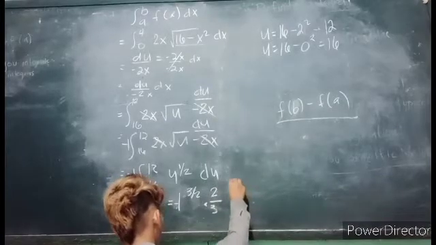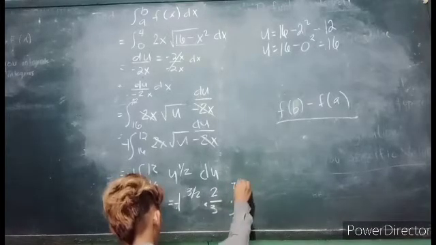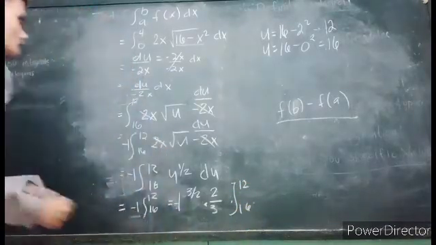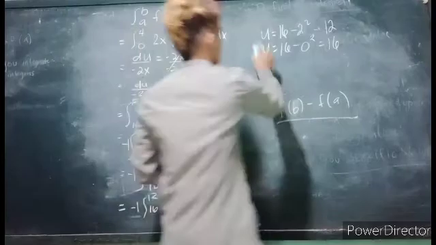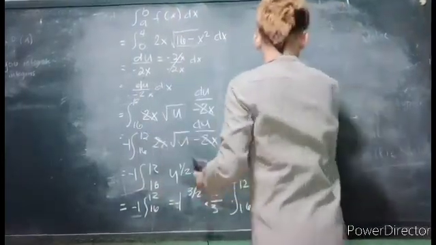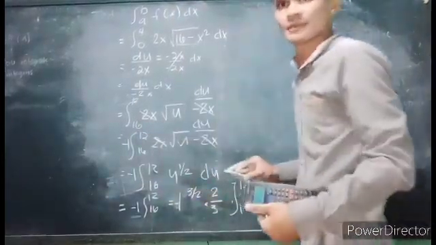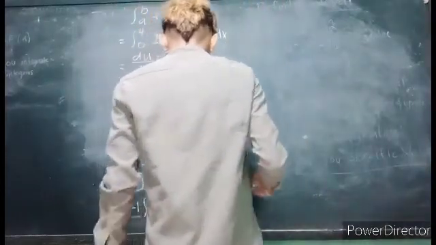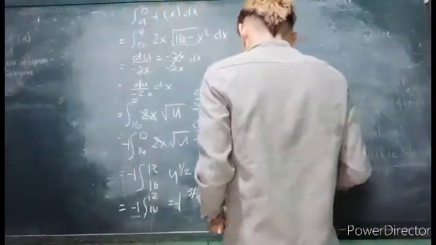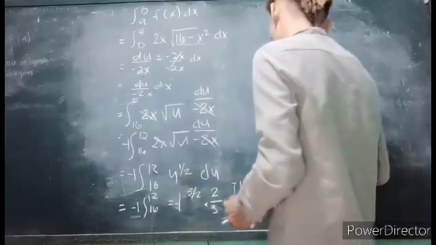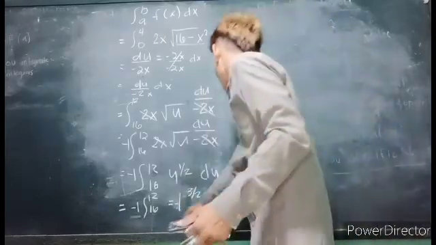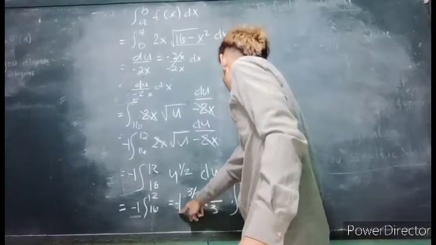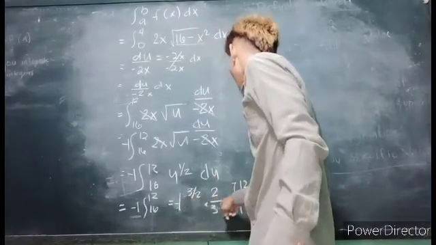So, 12, 16. So, let's erase it off. So, we need to multiply negative 1 to 2/3.